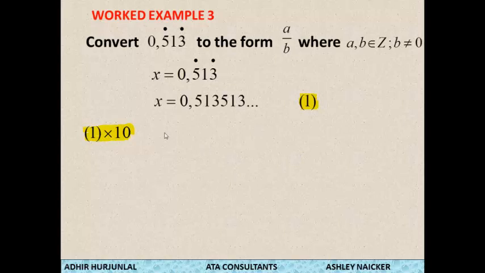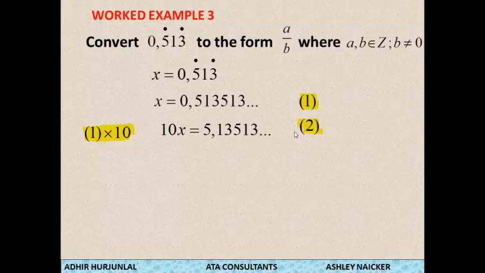Let's start. X multiplied by 10 is 10x. 0,513513 multiplied by 10 means the decimal point moves one place to the right. I end up with 10x, which is equal to 5,135,135 recurs. Immediately label this as equation number 2.